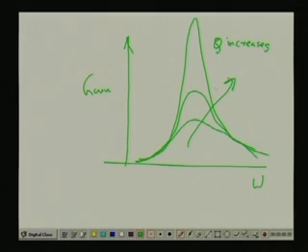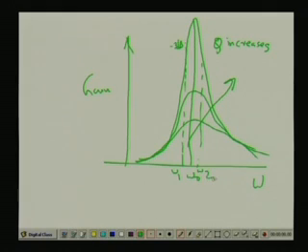Now, what is Q? You see the Q in terms of frequency. So, we will take this frequency, suppose this is omega naught, and the minus 3 dB points, suppose this is omega 1, this is omega 2.